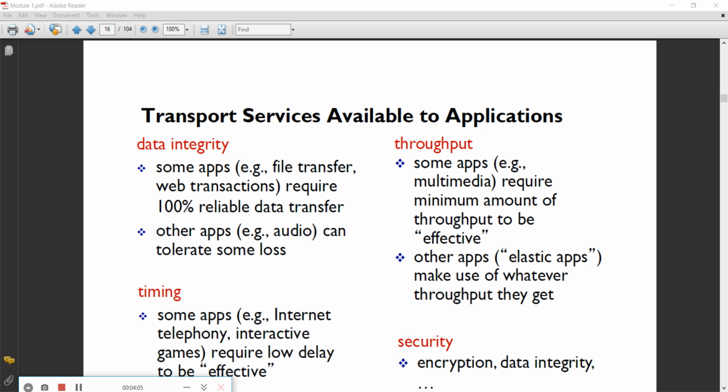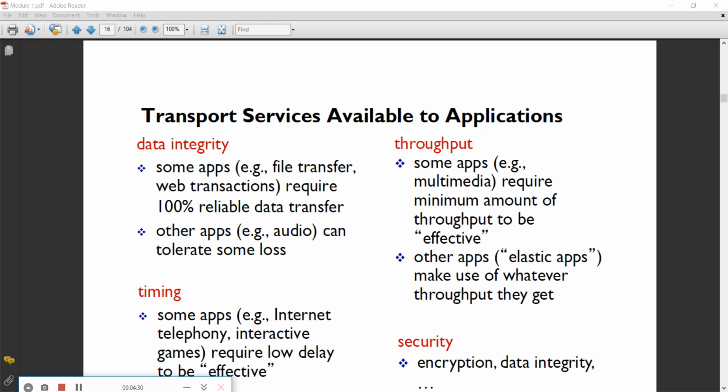If the transport protocol cannot provide this throughput, the application would need to encode at a lower rate and receive throughput to sustain this lower coding rate, or may have to give up.